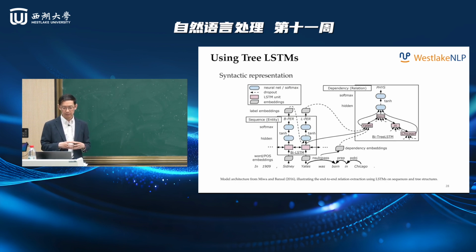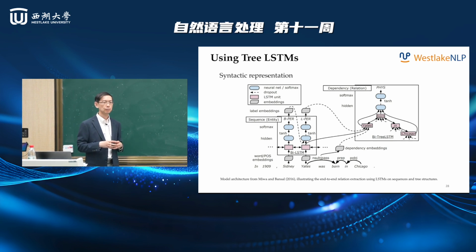The second example, okay, is relation extraction. The task is to predict the relation between any two entities in a sentence, right? Of course, how can you do that? We learned dependency parsing last week.